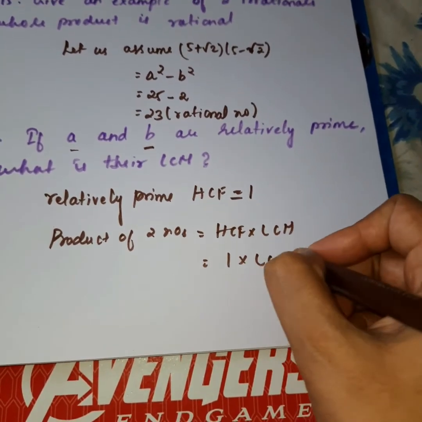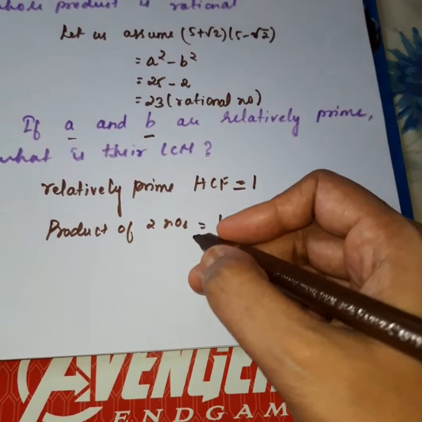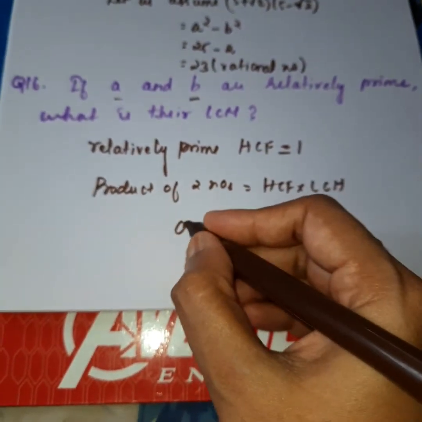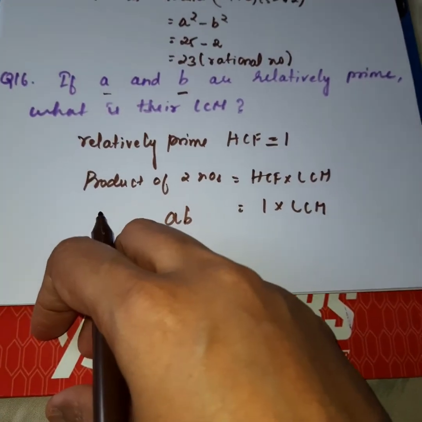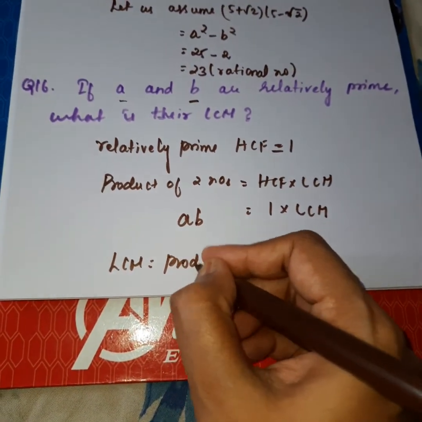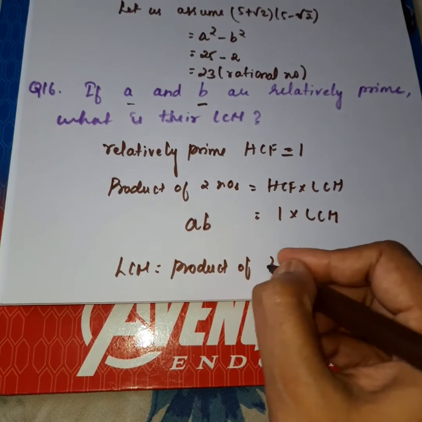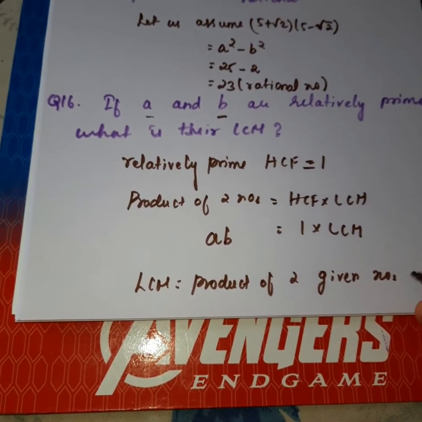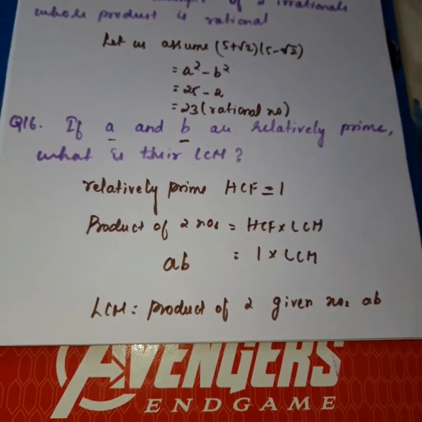So that clearly shows LCM is going to be the product of the given numbers, in this case a and b. So ab is the LCM. So LCM is the product of the given two numbers a and b.